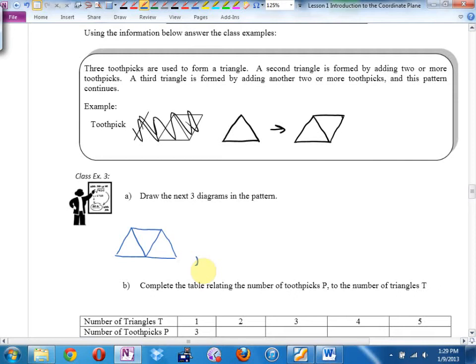What would the next diagram in this pattern look like? Well, it's going to be the original one, and then I would add 2 more toothpicks.